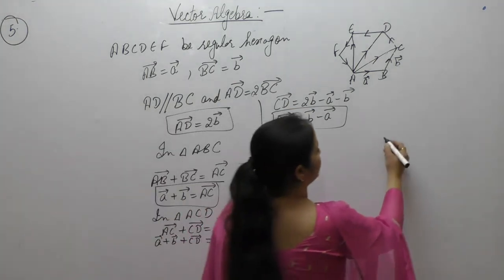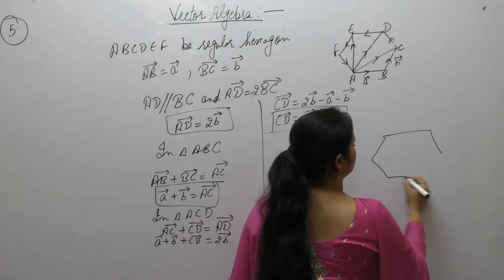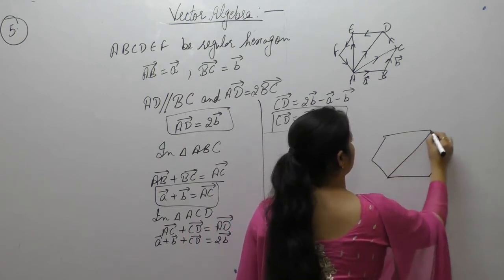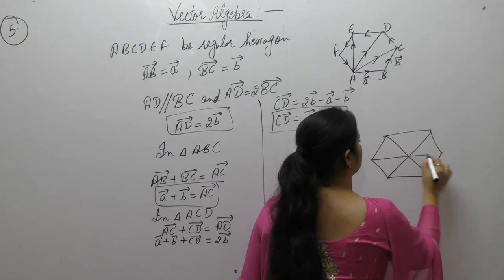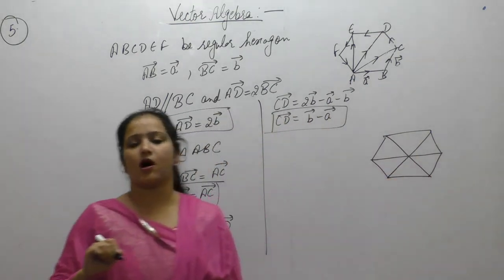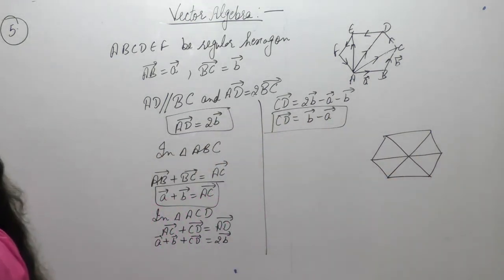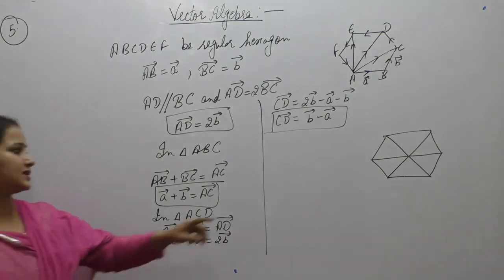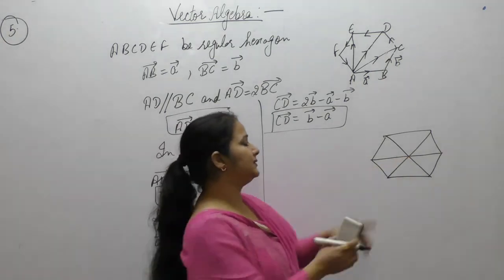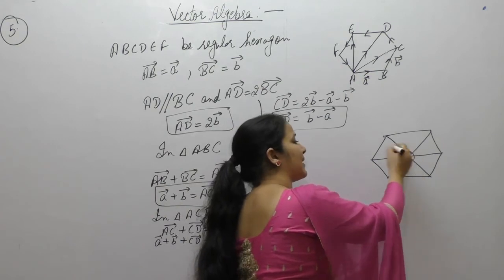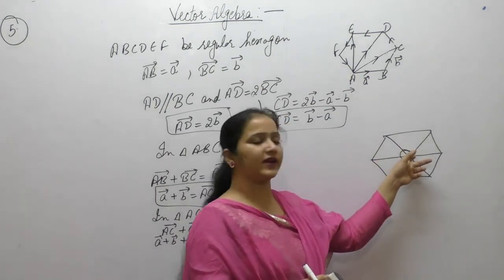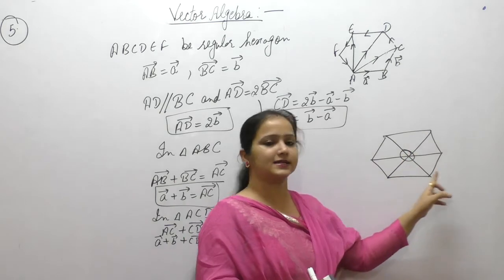Now we know that the center of the hexagon bisects its diagonals.